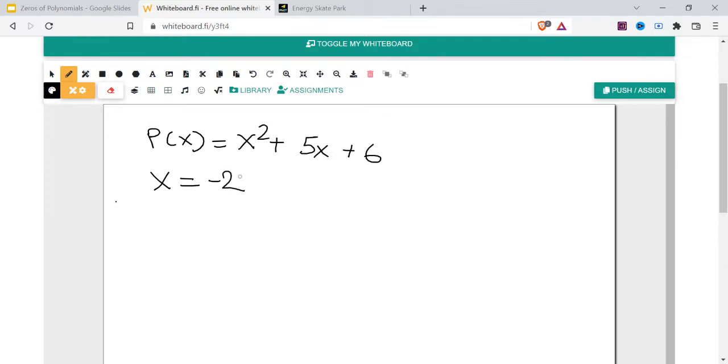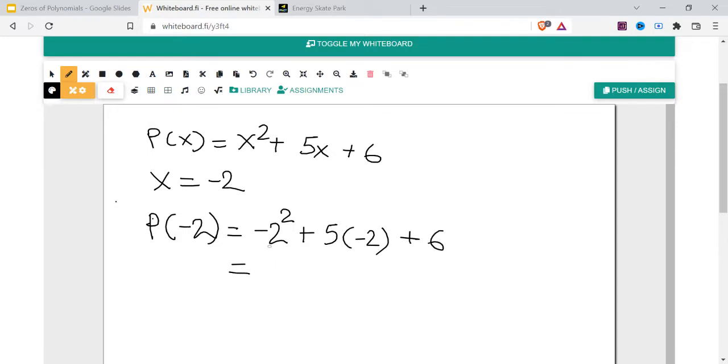Let's try this. When we put x equals minus 2 in the equation, we get minus 2 square plus 5 into minus 2 plus 6, which is minus 2 into minus 2, minus minus gone, so that will be 2 into 2, that is plus 4, plus 5 into minus 2, which is minus 10, and then plus 6.